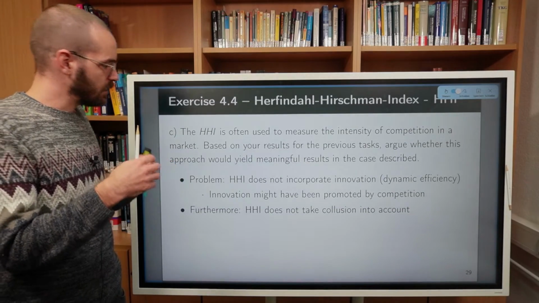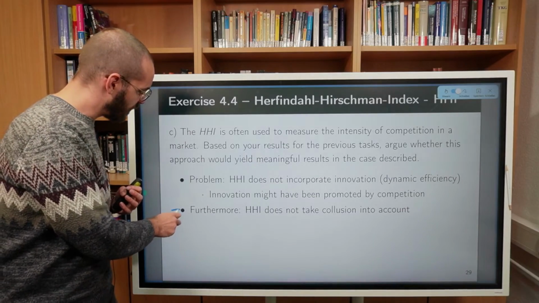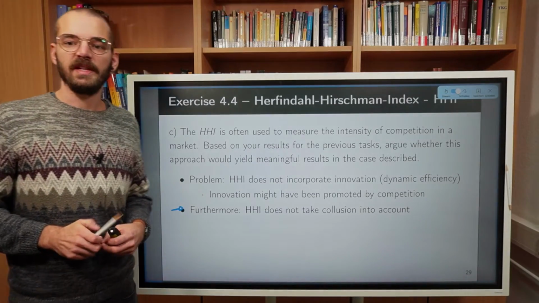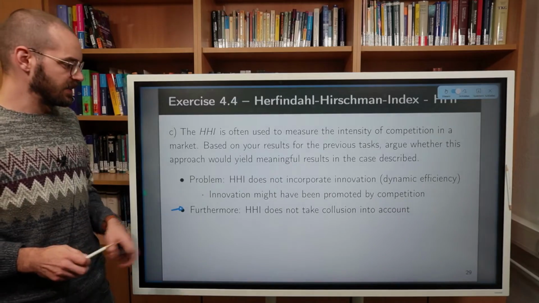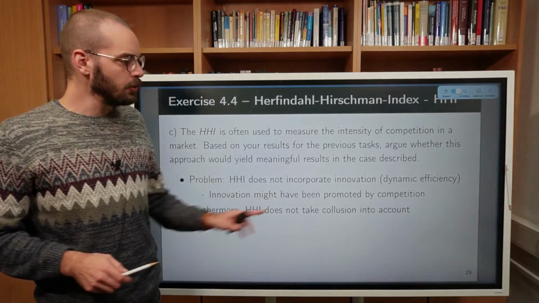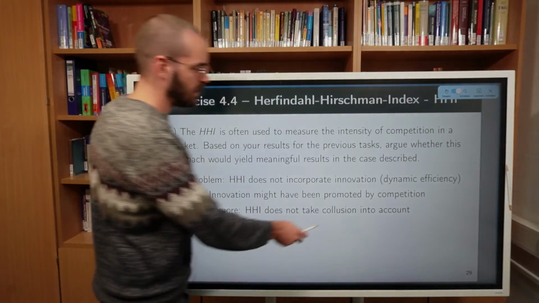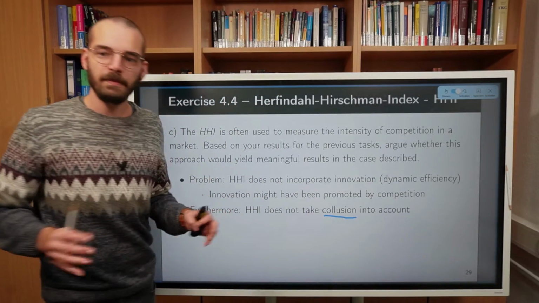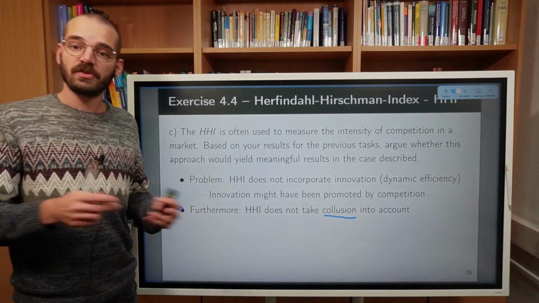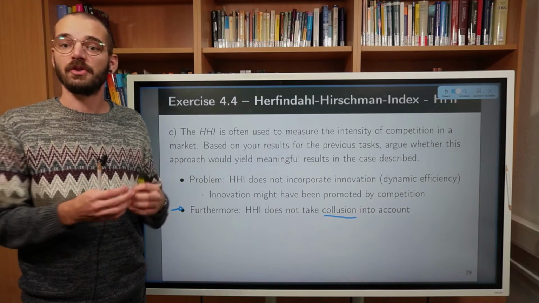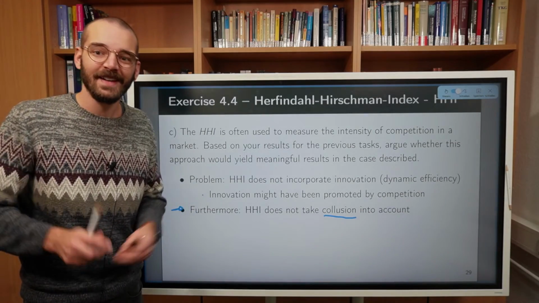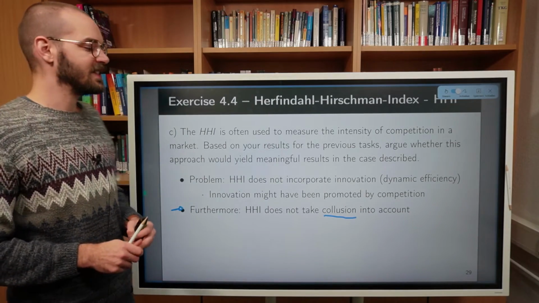And then there's one final issue with the HHI, and that is that HHI does not take collusion into account. Now, this might be quite abstract for the moment because we have not talked about collusion yet at all. This will be a topic in future assignments.